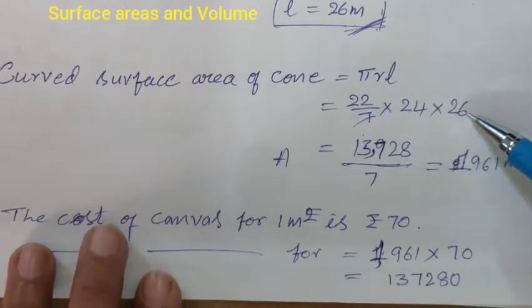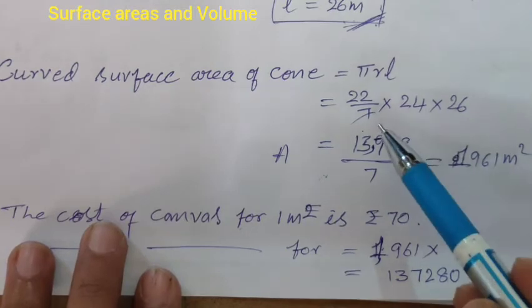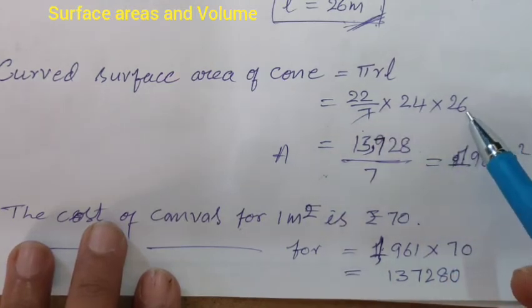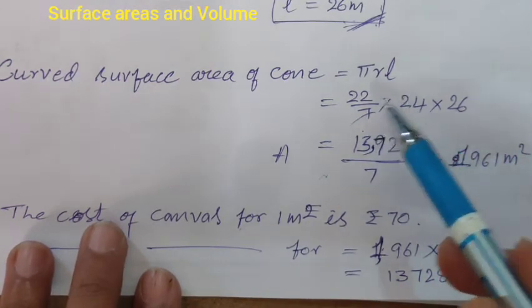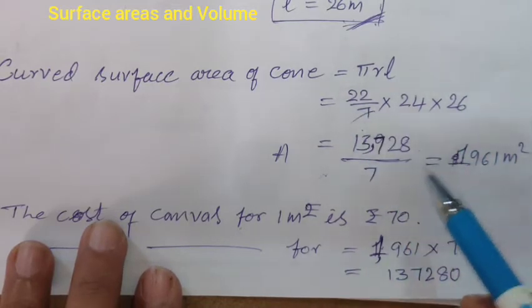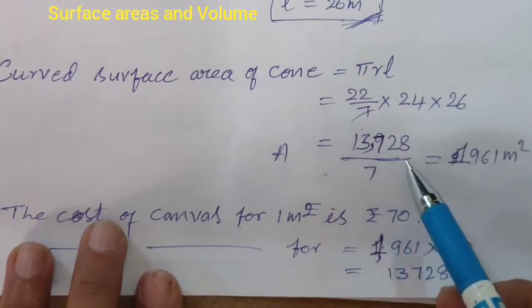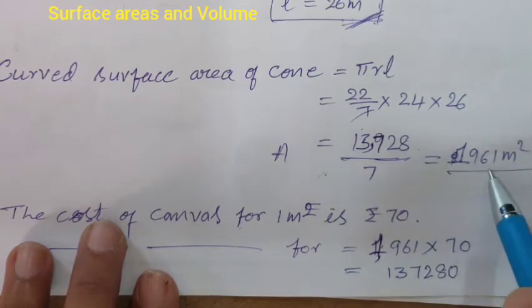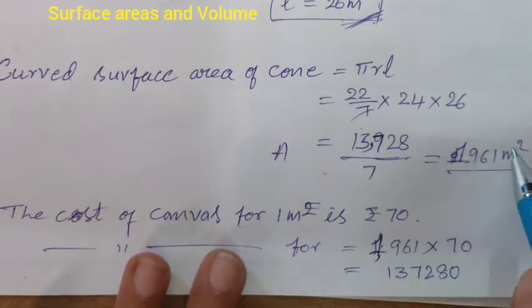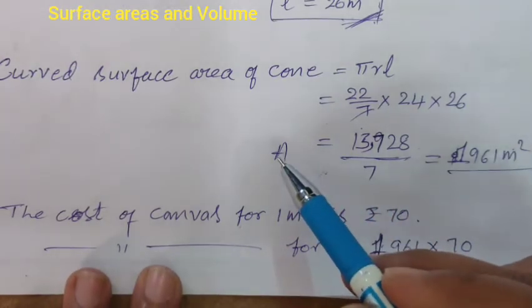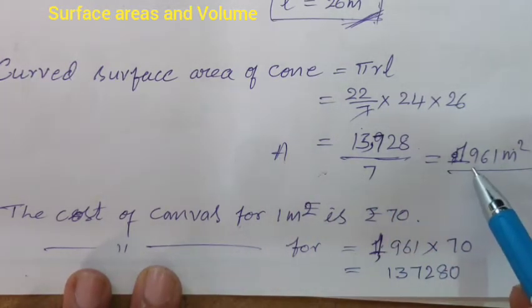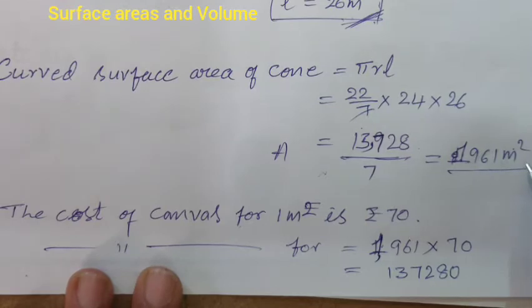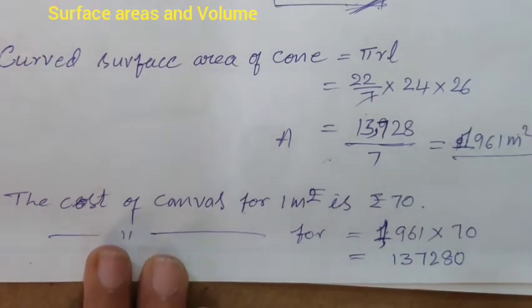Now, 24 or 26 is not divisible by 7, so you can multiply the numerators, we get 13,728, and again divide by 7, we get 1961 meter square. So the area of that cone will be 1961 meter square.